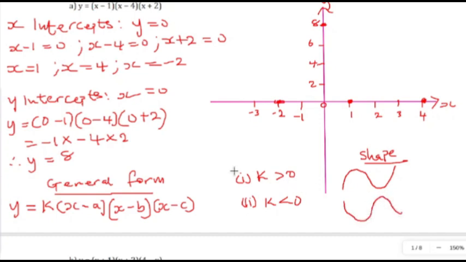Good. Now, in our own case, k is 1, so 1 is greater than 0. So certainly the shape of the graph will look like this. So let's move. We see that the graph should look somewhat like this. We come here. Okay, and that is okay.